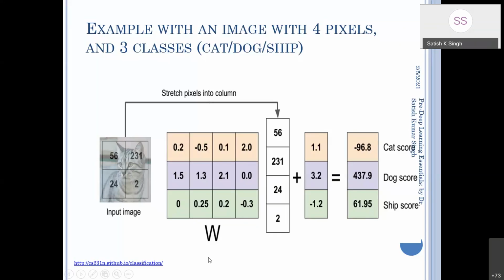So here it looks like a very simple process. It means we have to get the most suitable value of W, so that for cats, the cat score must be maximized, for dogs, the dog score, and for sheep, the sheep score must be maximized. Other scores must be minimized.